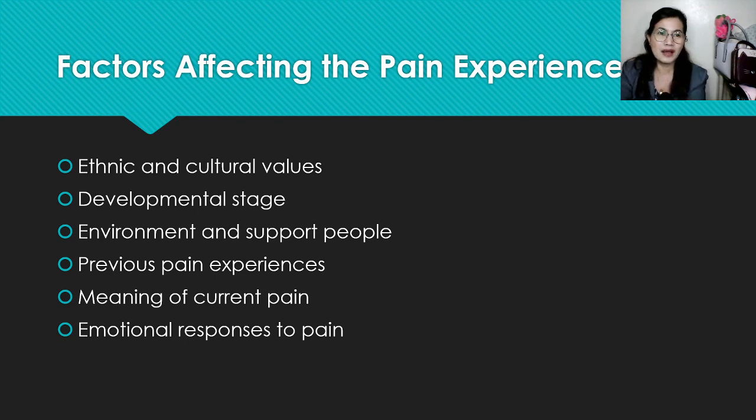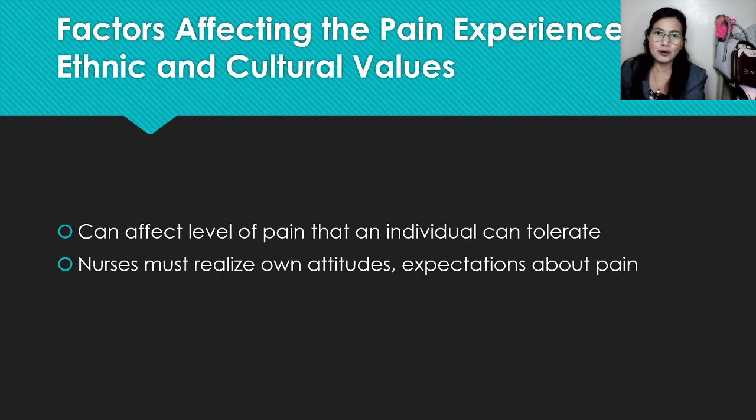Next, we have the factors affecting the pain experience. We can describe them as ethnic and cultural values, developmental stage, environment and support people, previous pain experiences, meaning of current pain, and emotional responses to pain. Ethnic and cultural values can actually affect the level of pain.